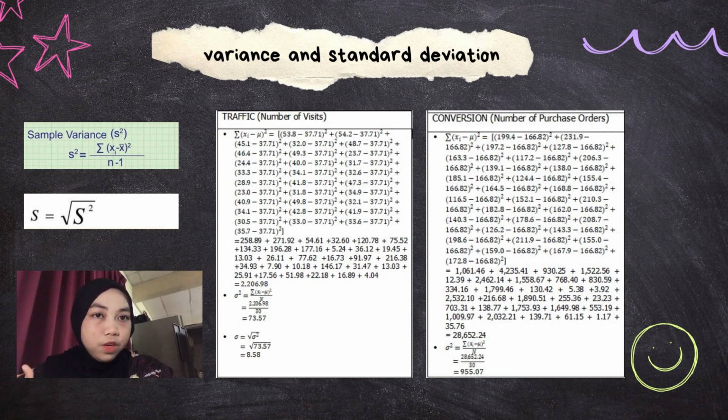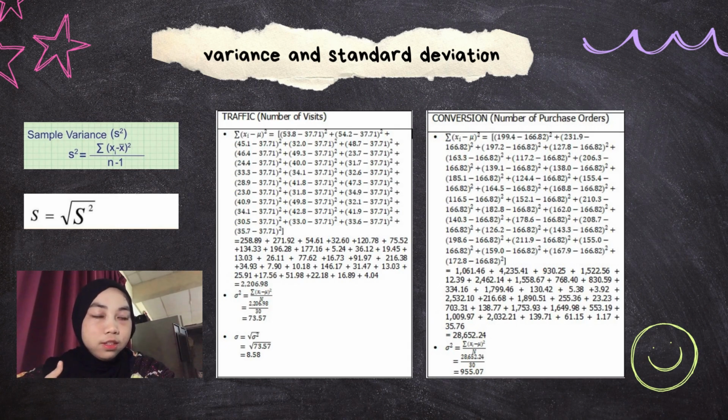The standard deviation is the square root of the variance. It represents the average amount by which data points deviate from the mean. A higher standard deviation indicates a greater dispersion or spread of values.